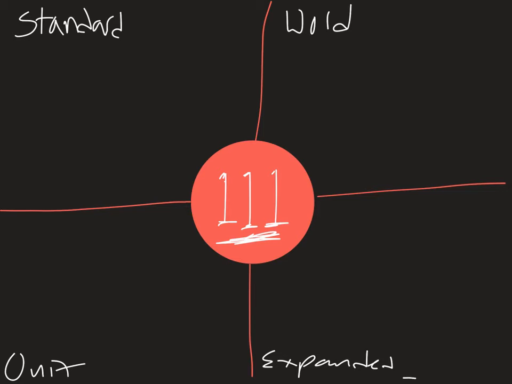So standard form is the easiest. 111 just looks like this. 111. And that's already been done for us in the center if we look at it. Word form requires us to spell out the words that the number is represented by.